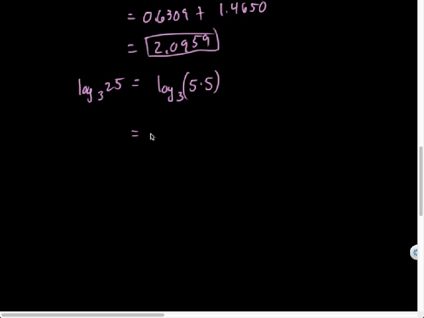And the log of a product is the same as the sum of 2 logs. Log base 3 of 5 plus log base 3 of 5. And what is log base 3 of 5? That was the 1.4650 plus 1.4650.